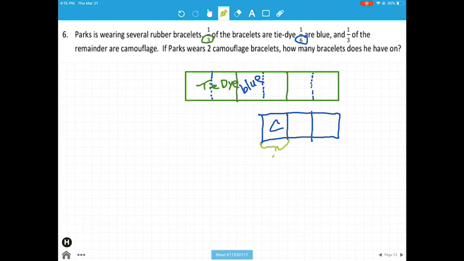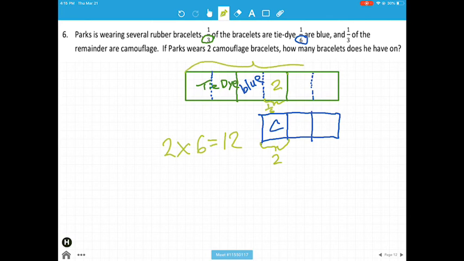Okay. 2 bracelets are camouflage. If Park wears 2 camouflage bracelets, how many bracelets does he have on? Okay, so that's 2. So basically this is a 2, and this right here is 1/6. So basically we can have 2 times 6, and that gives us 12.